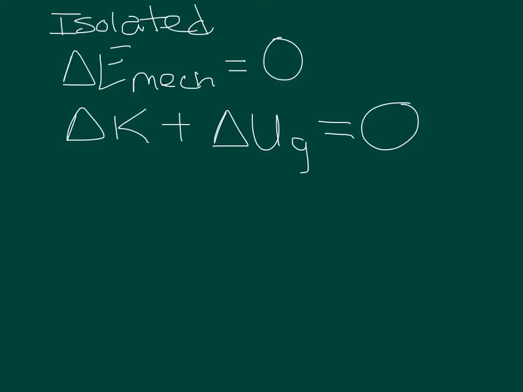Okay, well, we know that delta K is 1/2 mv squared of the final, minus 1/2 mv squared of the initial.